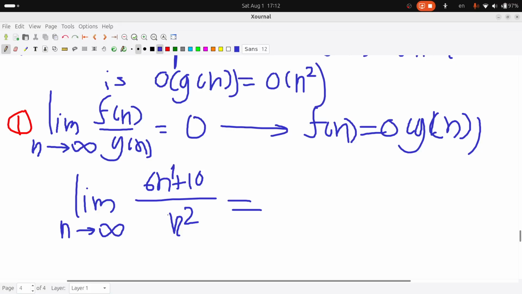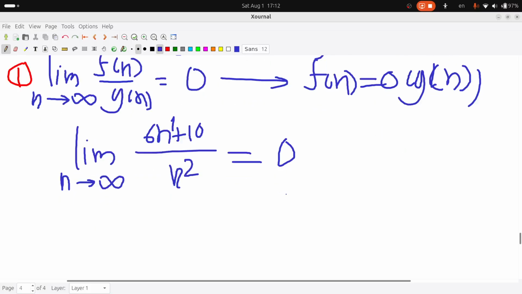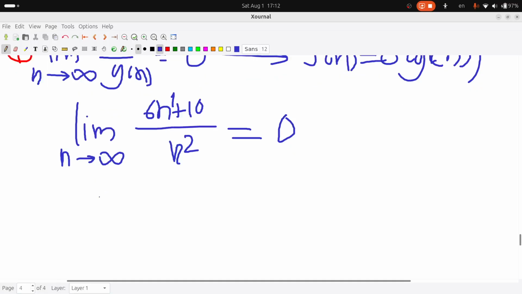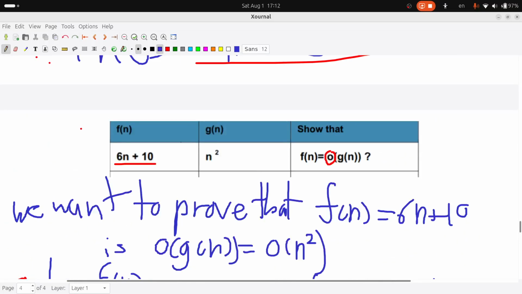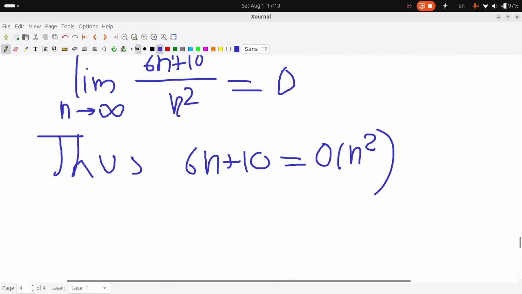And the denominator is n squared. The denominator is much larger than the numerator, so we can write the limit equal to 0. Since this equals 0, we can summarize that 6n plus 10 is little o of n squared. And that is it for this problem.